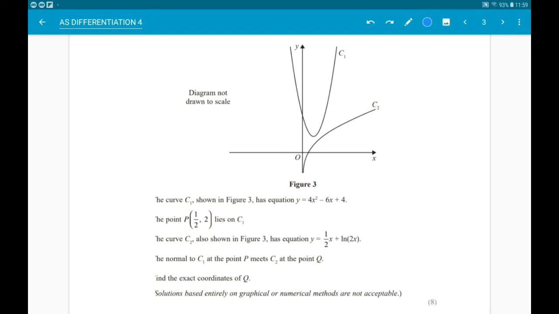The normal to C1 at the point P meets the curve C2 at point Q. Our job is to find the coordinates of Q. Right, so the first thing we are going to need is the equation of the normal to C1 at P.